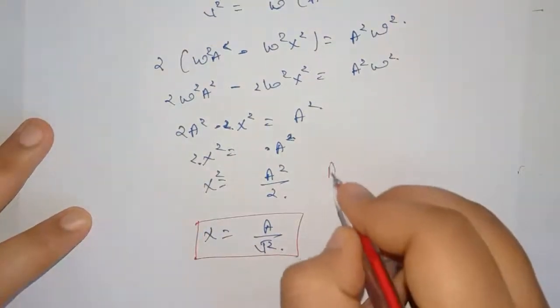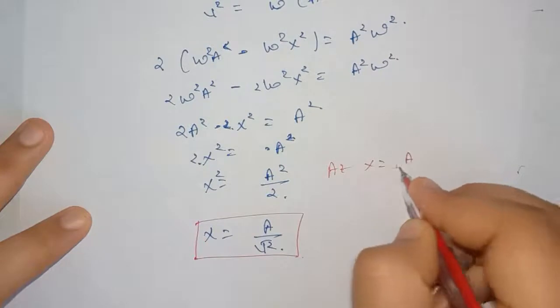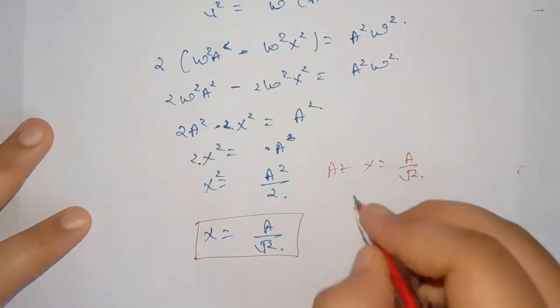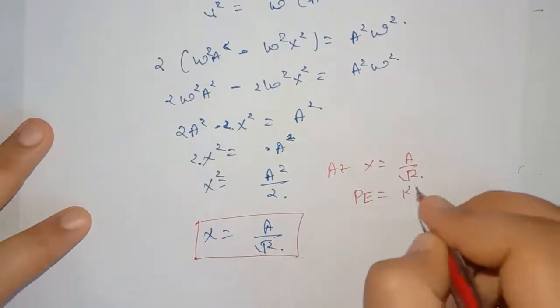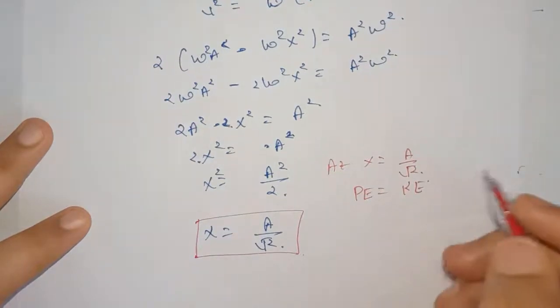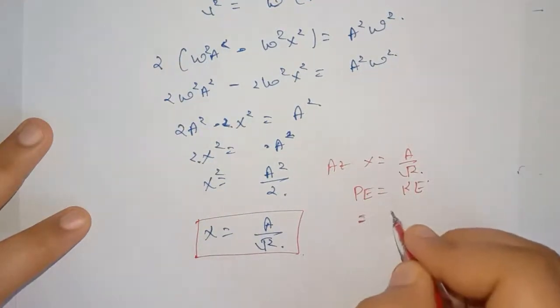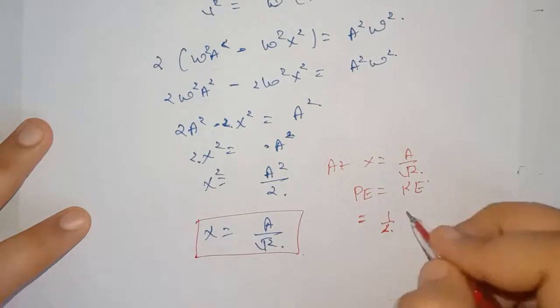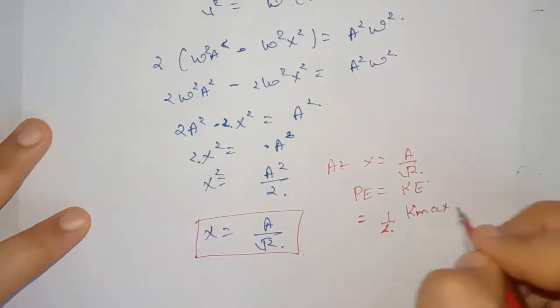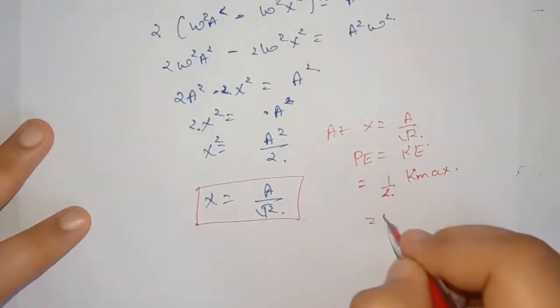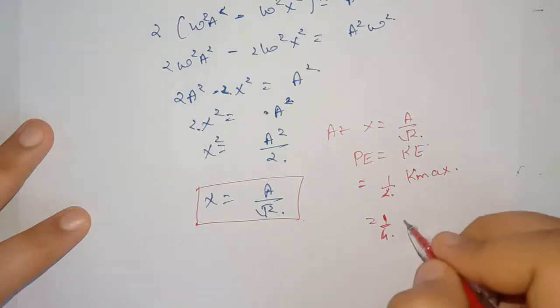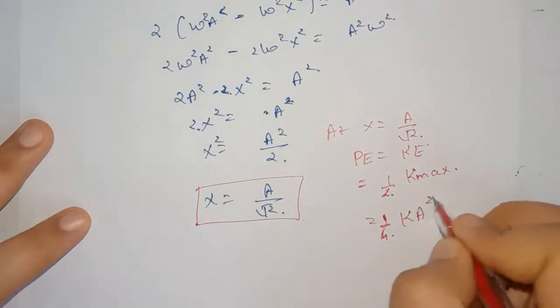So at x equals a by root 2, potential energy and kinetic energy will be the same, and that will be equal to half of the maximum kinetic energy, that is 1/4 of k a square.